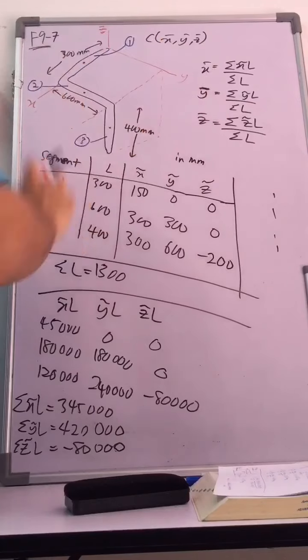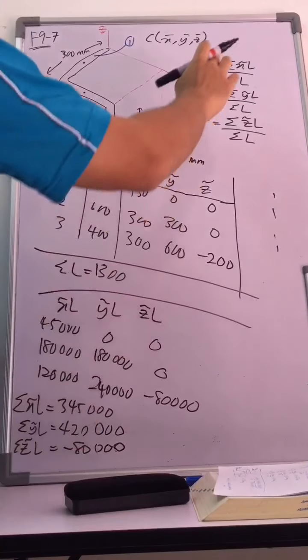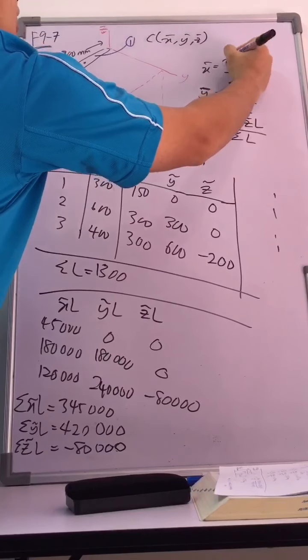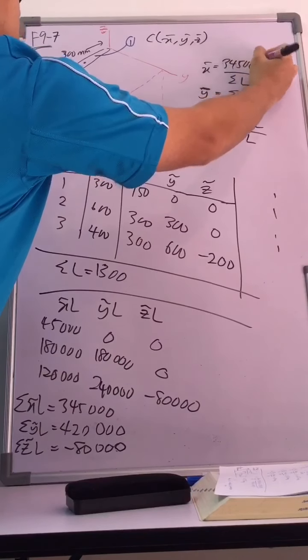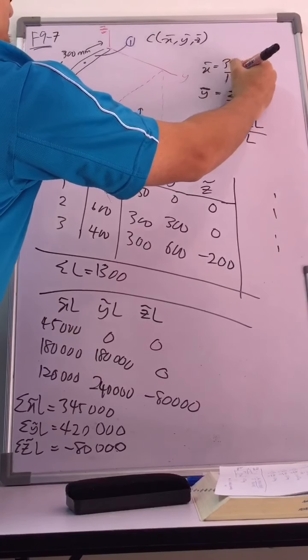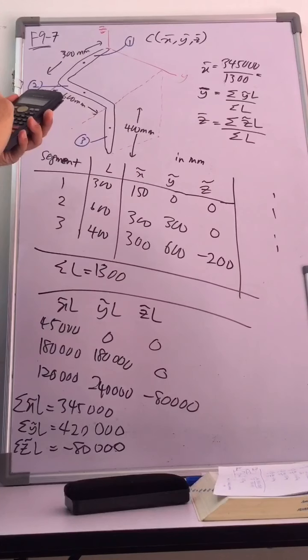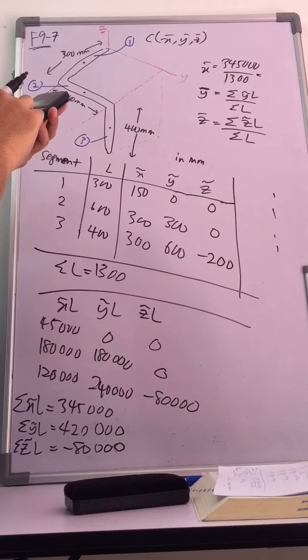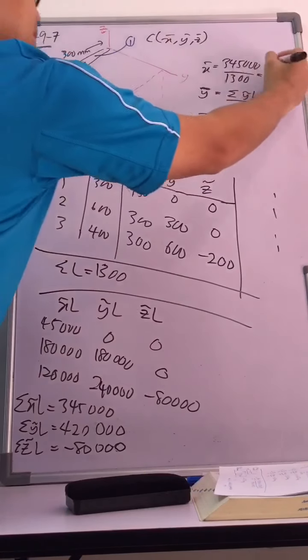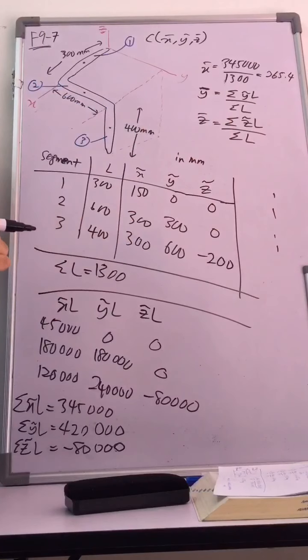The x coordinate of the centroid, x bar, it is summation of x tilde L, 345,000, right? And summation of L is 1300. You hit a calculator, you will get 265.4. 265.4 millimeter, right?